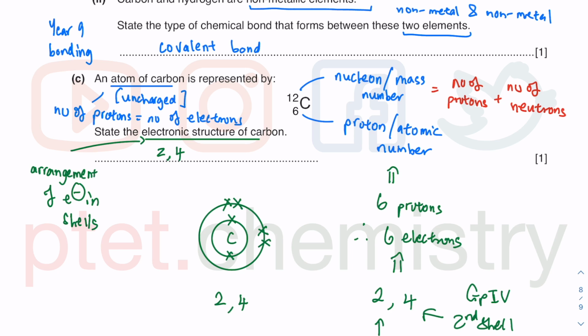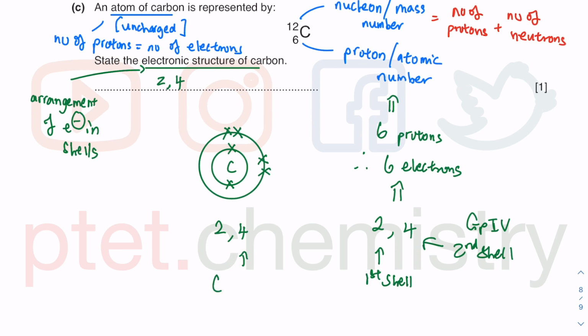Carbon forms 4 covalent bonds, as carbon wants to share 4 electrons in order to complete the outer shell. That's the purpose, to fully fill your outer shell.